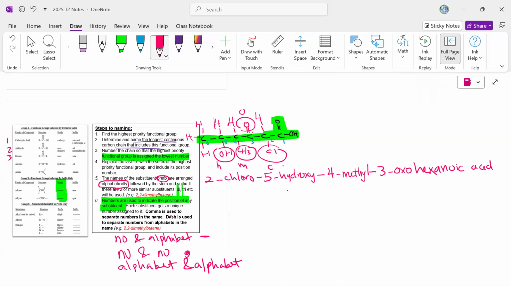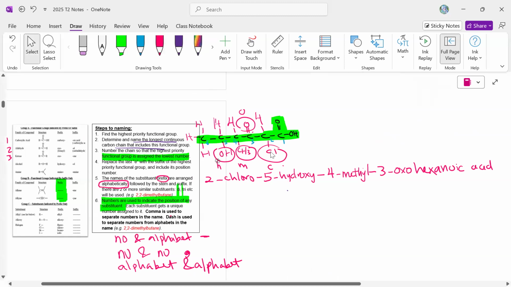You still need to put down 2,2-dichloro. Everybody has a number. Every substituent has a number. They are not going to share. So 2-chloro, 5-hydroxy, 4-methyl, and 3-oxo.